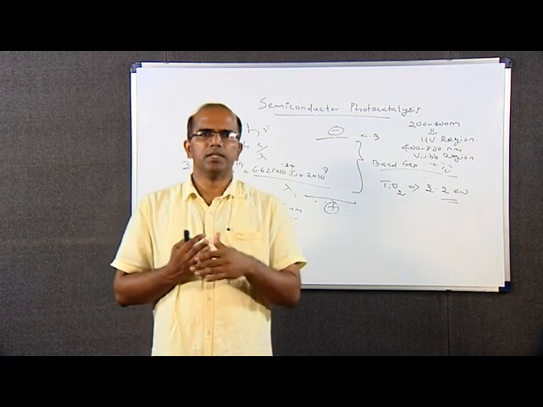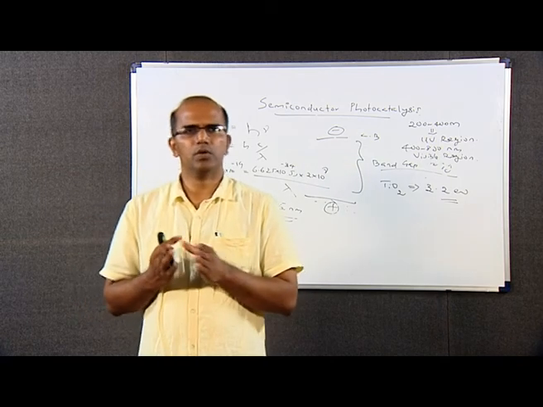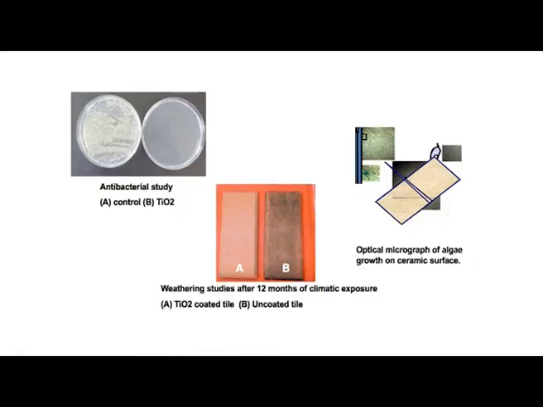And we can see another practical application where the TiO2 is coated on a tile surface. A represents the tile which is coated with the semiconducting oxide, titanium dioxide, and B is non-coated, and it is kept for weathering studies outside.